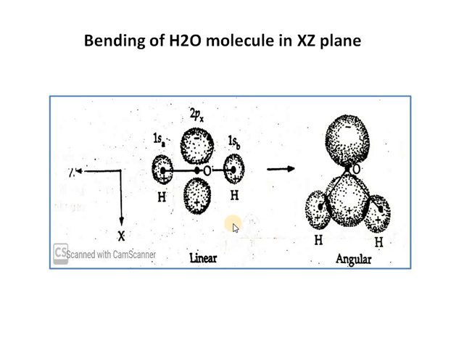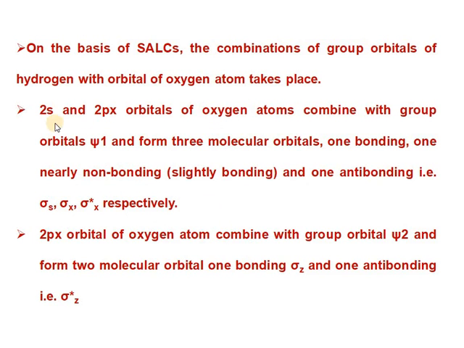The 2s and 2px orbitals of oxygen combine with the group orbital psi1 to form 3 molecular orbitals: one is bonding, the second is nearly non-bonding or slightly bonding, and the other is anti-bonding, the sigma s, sigma x and sigma star x molecular orbitals respectively.